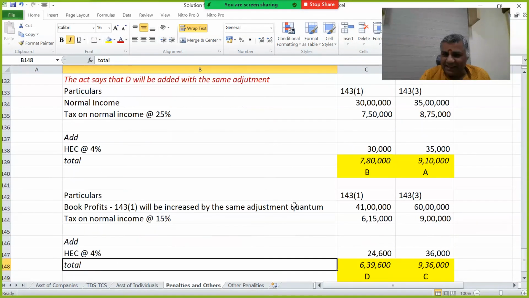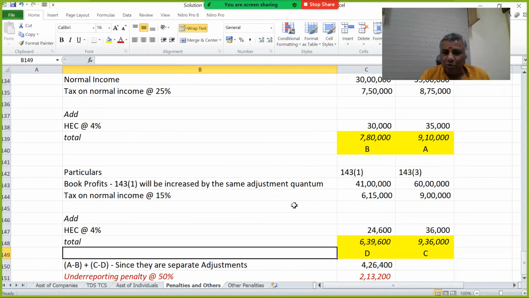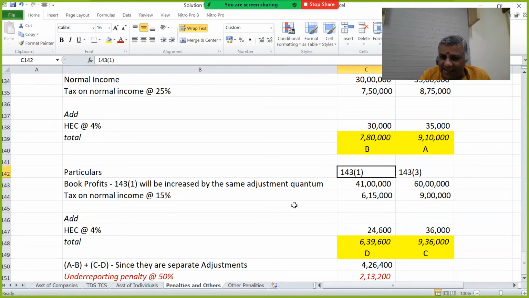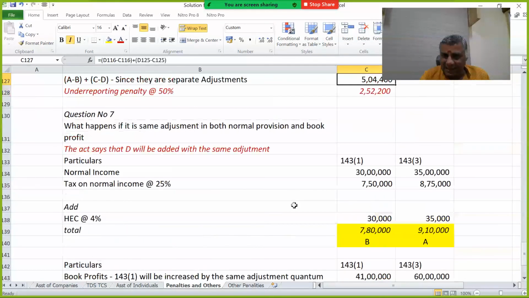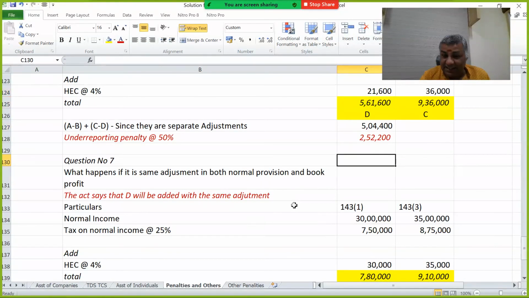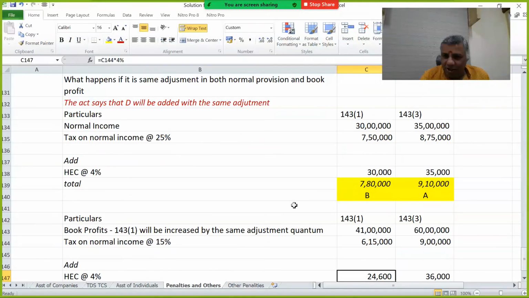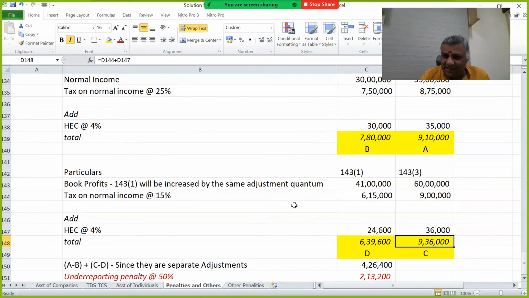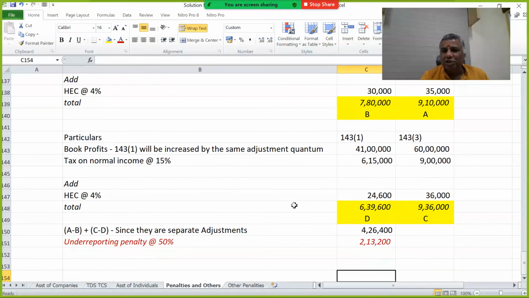So when there is the same adjustment, you have to increase the income in D. Previously this was 561,200, so the difference between 936 and 561 is higher, whereas now it is 639,600 and the difference will be shorter.